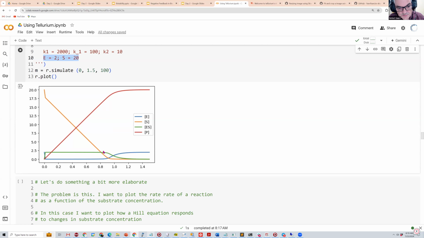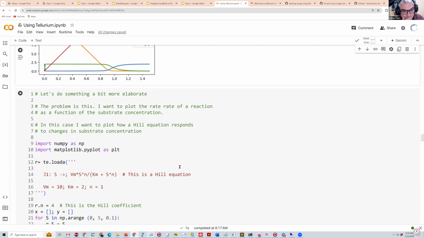We depend on this, the ES in particular, being constant, which it is here. And you also notice that the product formation is constant and the consumption of substrate is constant. Now, of course, eventually we run out of substrate and then everything goes back to where it was before. But during this time, the amount of enzyme complex is constant, and that's why we can use the Michaelis-Menten equation.